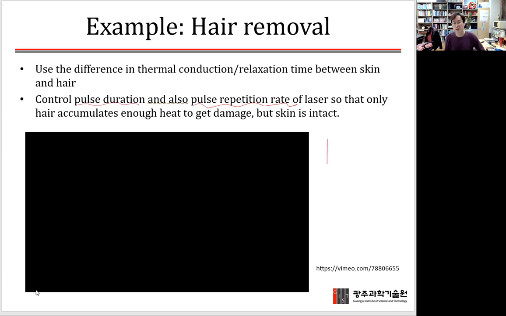So you have a pulse duration time and then pulse repetition rate. This is representing the pulse duration time, and this is the duration time between the pulses. Let's say this is tau 1 and tau 2.